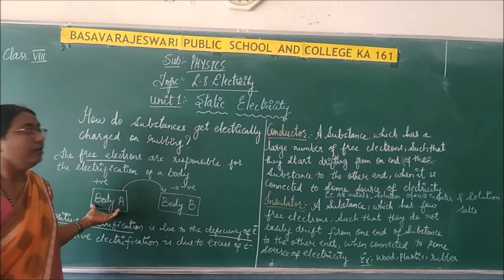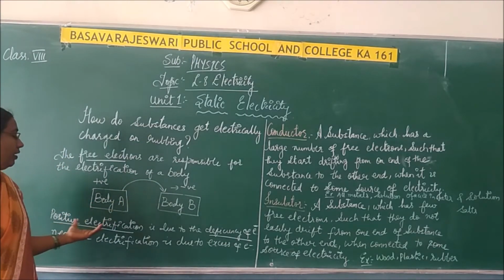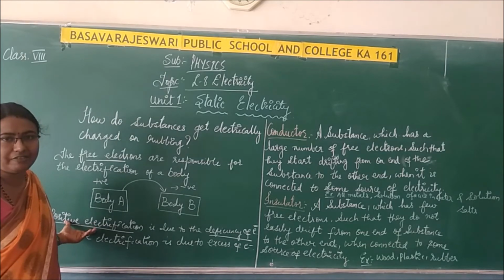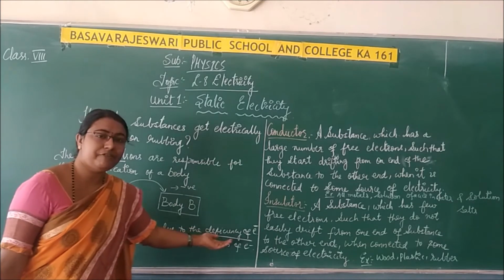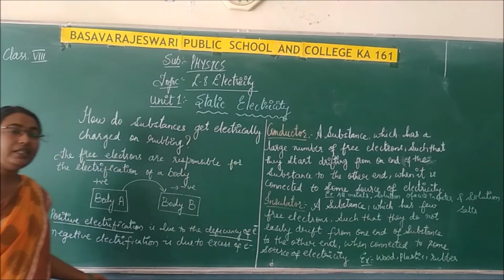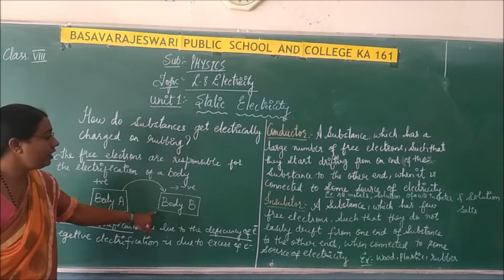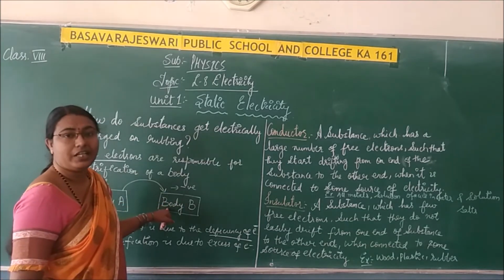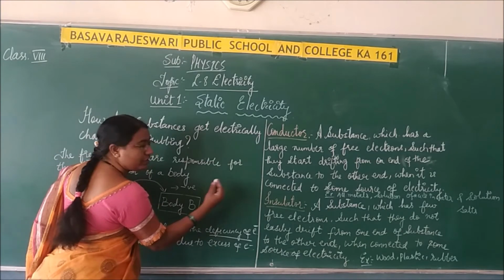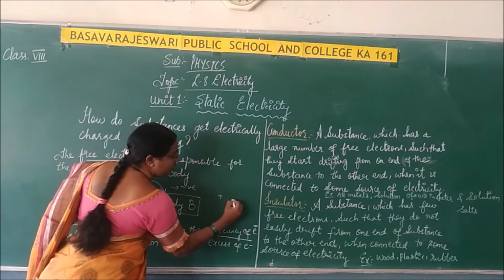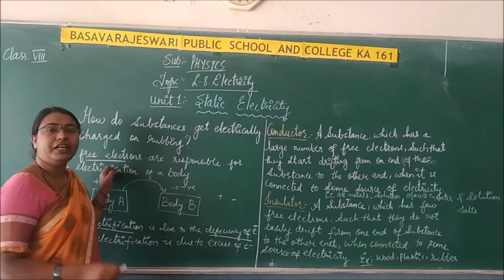So body A will become positively electrified. I told you positive electrification is due to the deficiency of electrons. In the same way, this body has received electrons. Already here the number of protons and electrons, positive and negative charges, were equal.